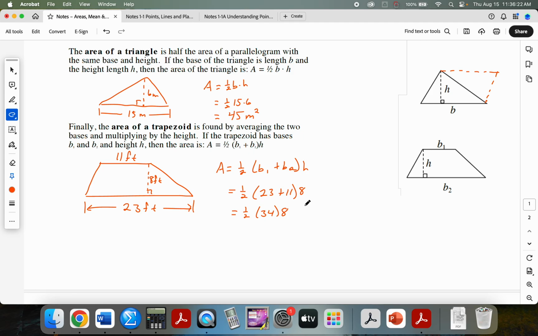And when I multiply, I can multiply in any order I want. You can take half of the 34 and then multiply that times 8. Or you can take half of the 8 and multiply that times 34. Let's do a show of hands. How many think it'll be easier to take half of 34 and then multiply times 8? Okay. How many of you think it'd be easier to take half of 8 and then multiply that by 34? Okay. It's kind of split. Do whichever way you want to do, and then check your neighbor to see that they got the same answer that you got.